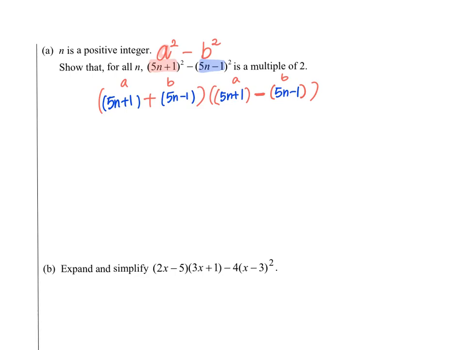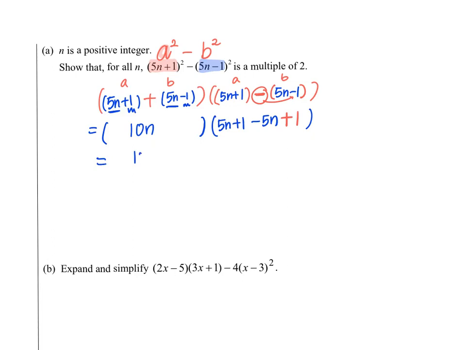So I put a bracket. And now I will expand and simplify these. 5n plus 5n to give you 10n. 1 minus 1, no more. And this one over here, I need to expand this. This is actually 5n plus 1 minus 5n. The negative times the negative will now become plus 1.